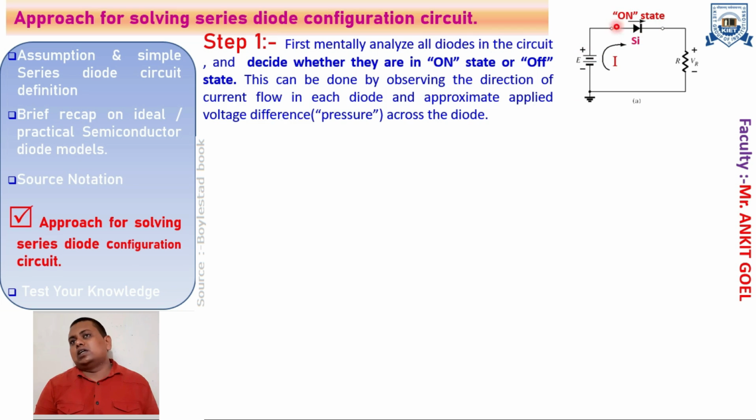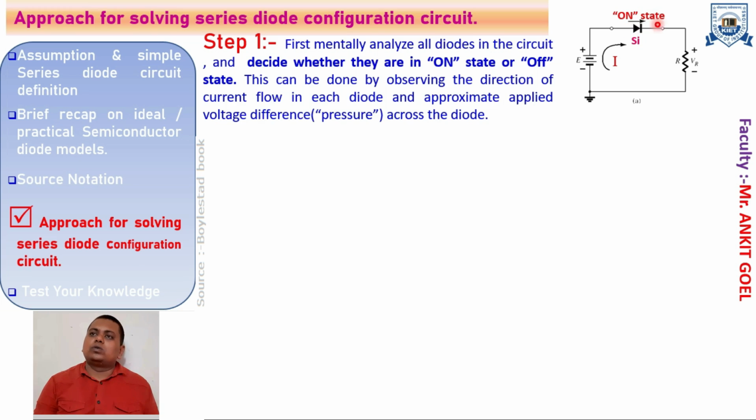So decide the state of the diode mentally. If in some circuit you are not able to decide the state of the diode, then assume the diode in any one state and solve the numerical. If you find the voltage across that diode to be consistent, then your assumption was correct. Otherwise you have to change your assumption.